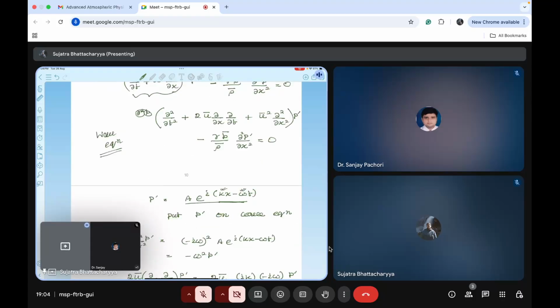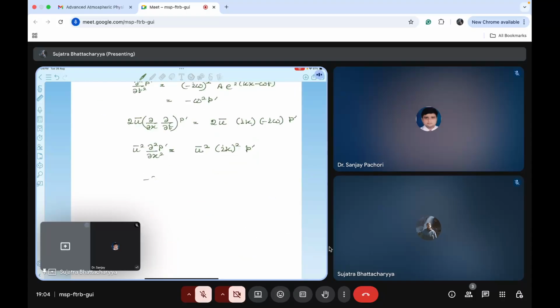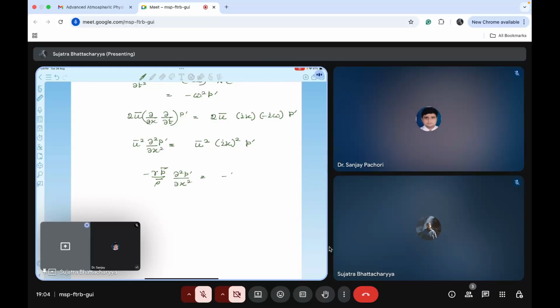So this gives you the first term. And the last is minus gamma p bar by rho bar del square p dash by del x square, which is nothing but minus gamma p bar by rho bar iota k whole square p dash.